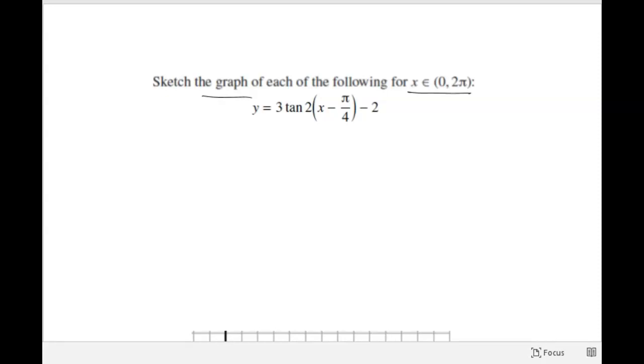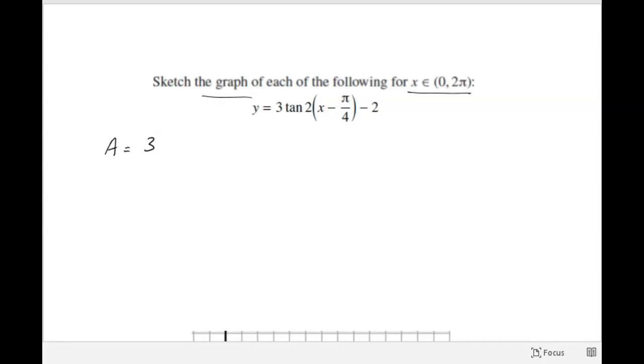What that means to us is, unlike sine and cos functions, the amplitude of the tan function doesn't necessarily play a very significant role in the way the sketch appears, because we go all the way from negative infinity to positive infinity before we get to the asymptote. So that's why the amplitude of this particular tan function is equal to 3.